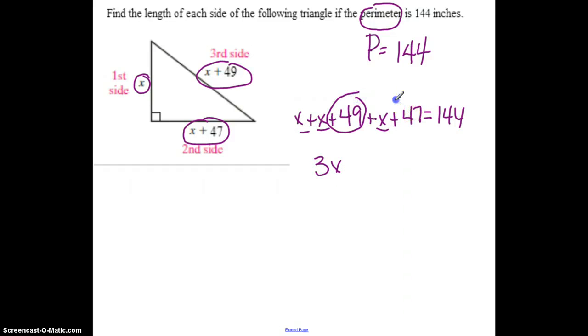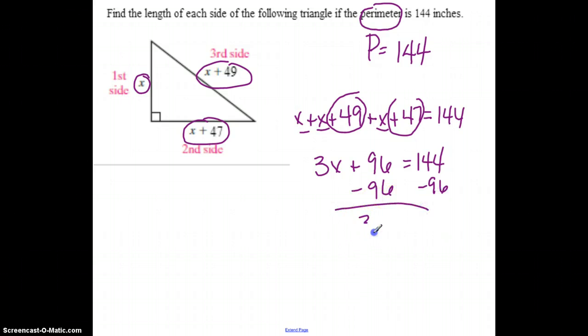If I take 49 and 47 and add that together, I'm going to be left with 96 equals 144. Subtract 96. Divide by 3. So x equals 16.